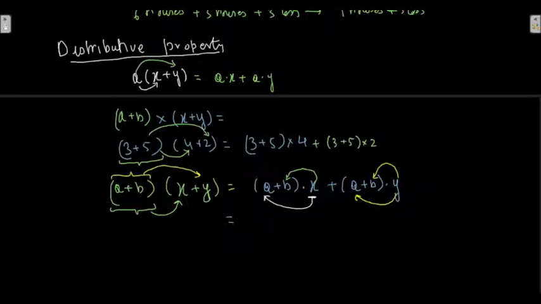So it becomes a into x plus b into x plus a into y plus b into y. Now, after applying the distributive property, to solve we just combine the like terms the way we had solved earlier.